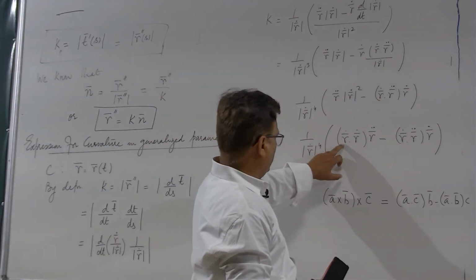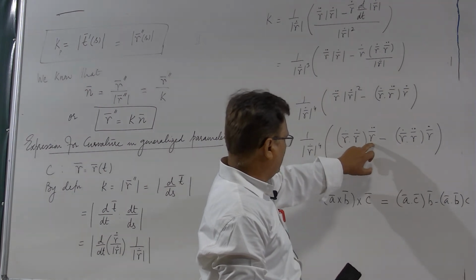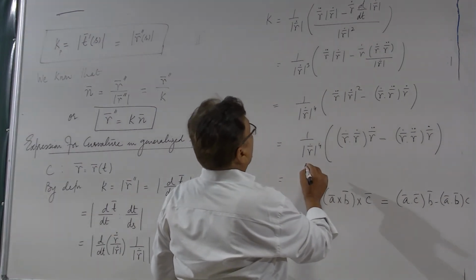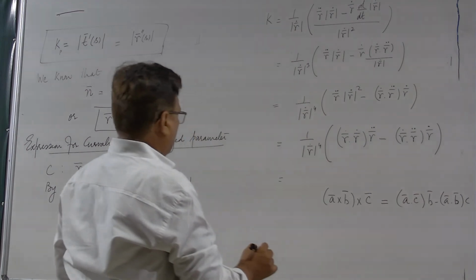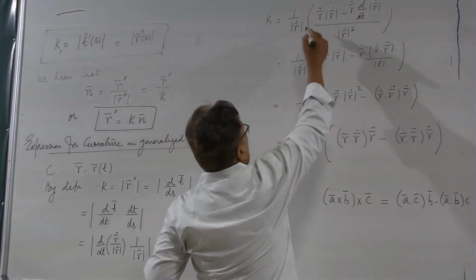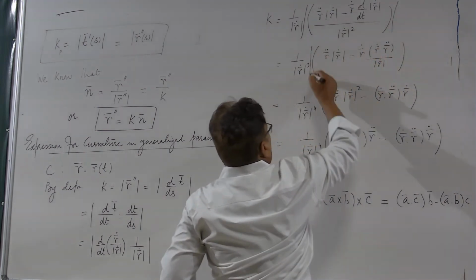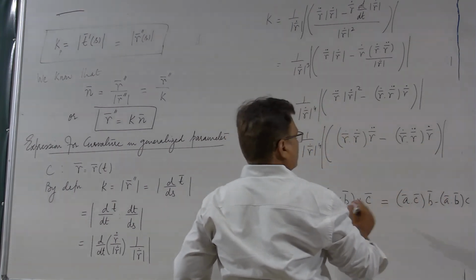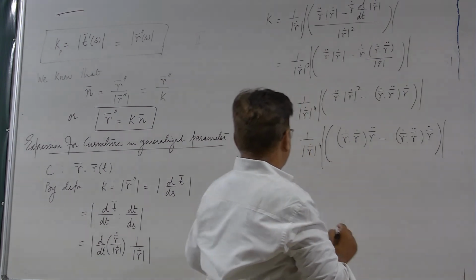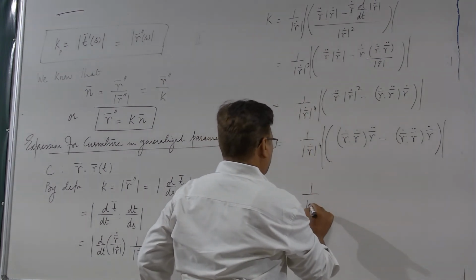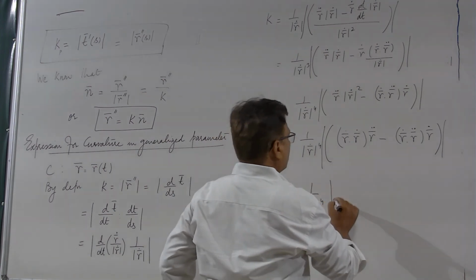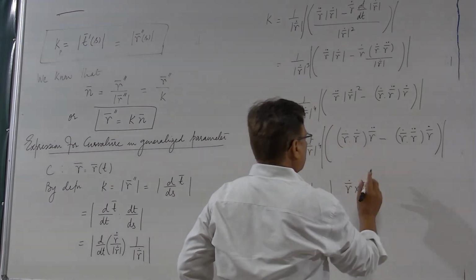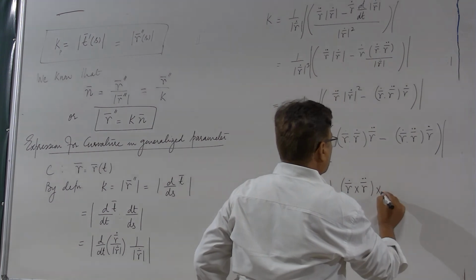So, it becomes 1 upon mod r dot to the power 4 and modulus of r dot cross r double dot cross r dot. The modulus sign was there all along; I missed it, so please put a modulus sign as well.